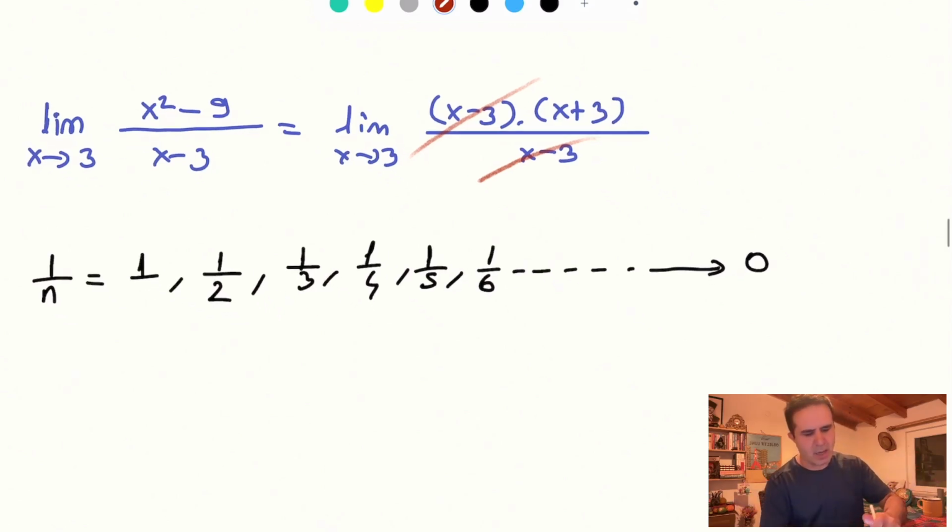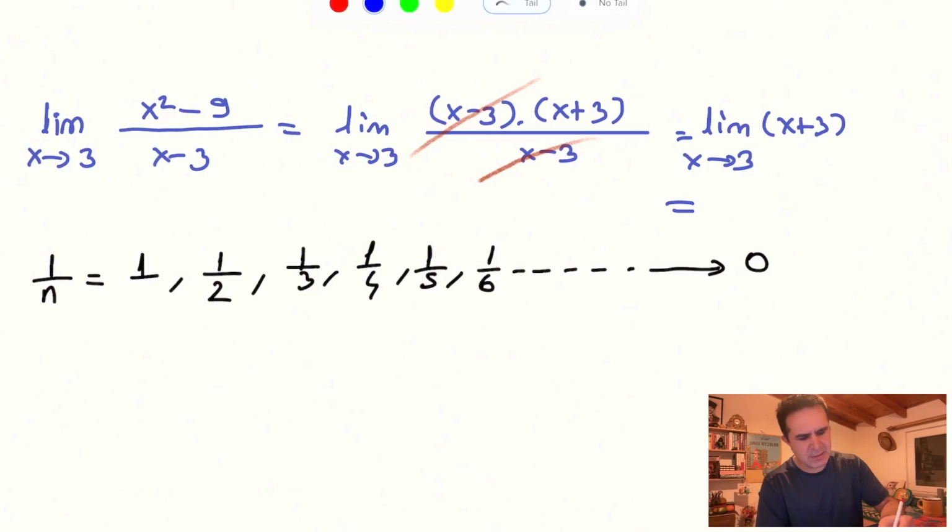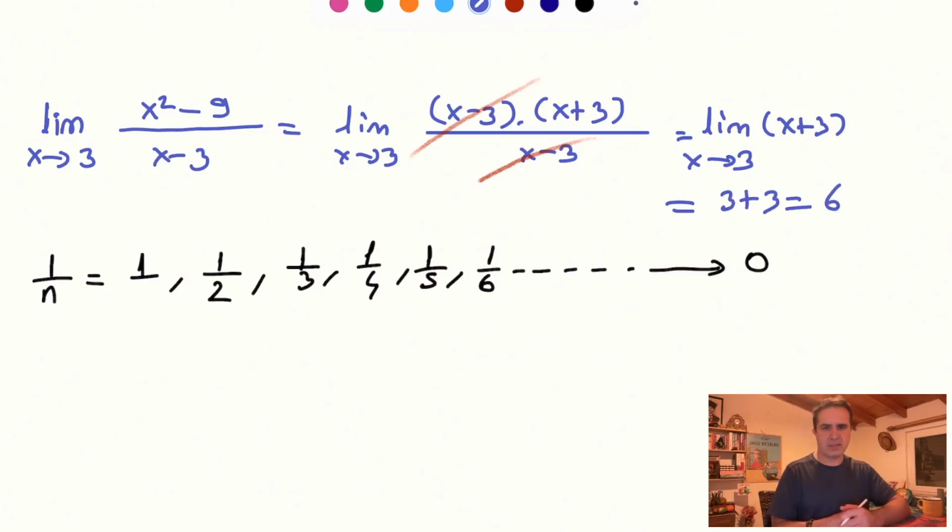So our limit becomes the limit as x approaches 3 of x plus 3. And since we simplified the limit, now we can substitute 3 instead of x, and we get 3 plus 3 equals 6.